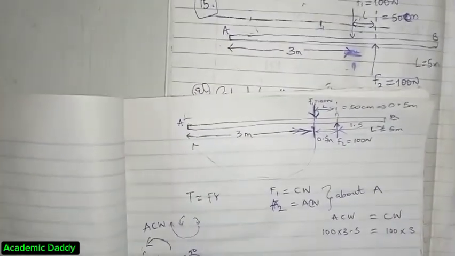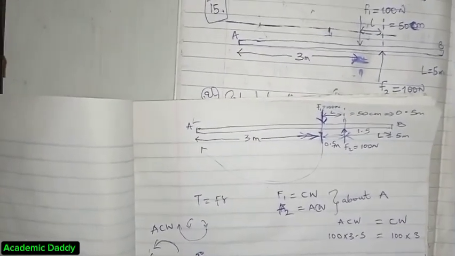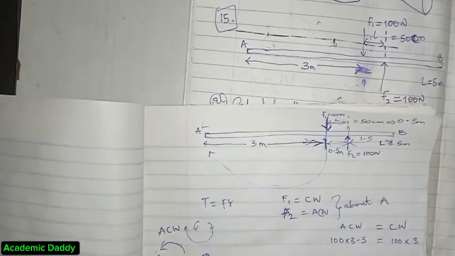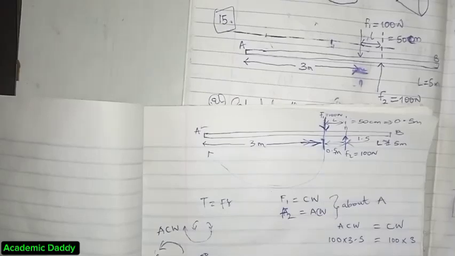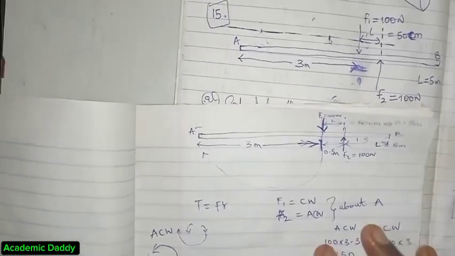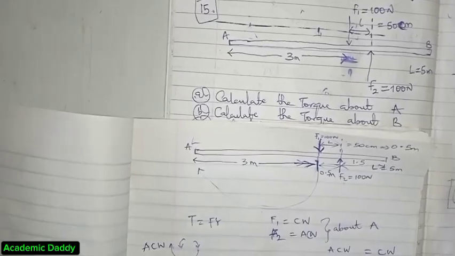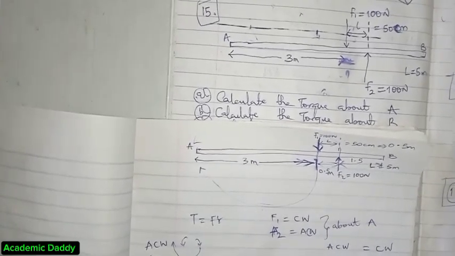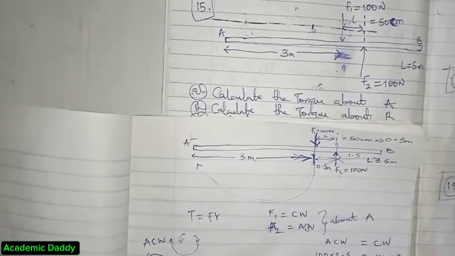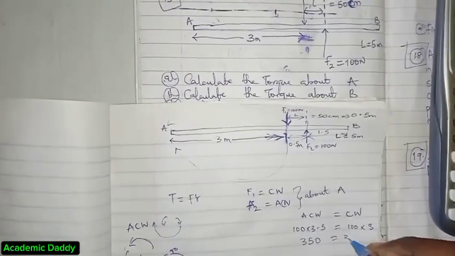I do 100 times 3.5, which is equal to 350. Then 100 times 3 is equal to 300.